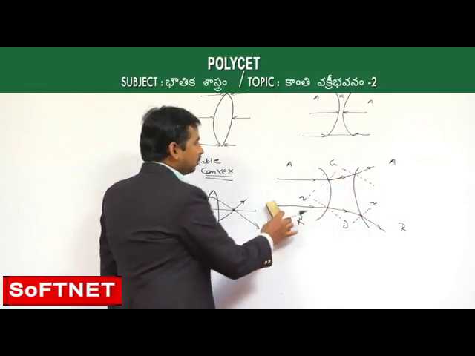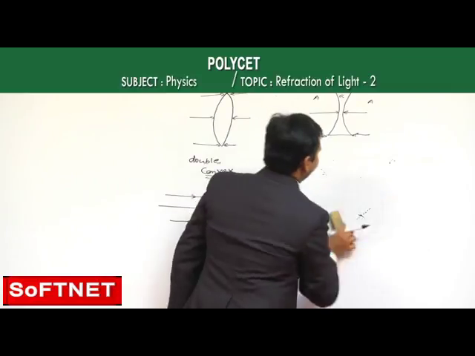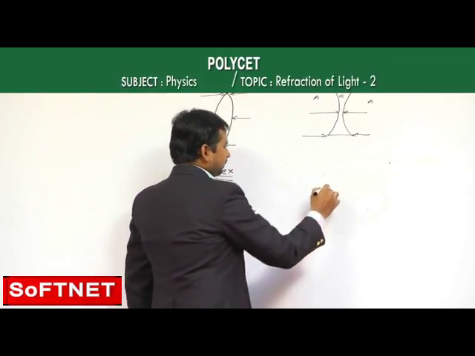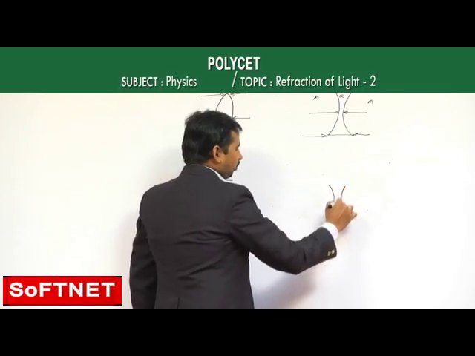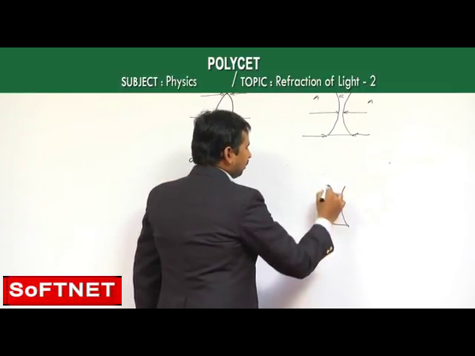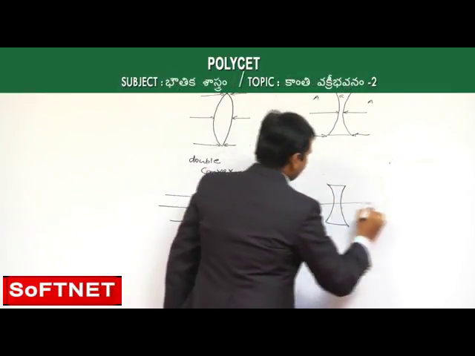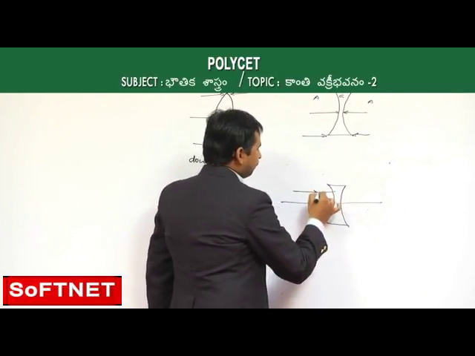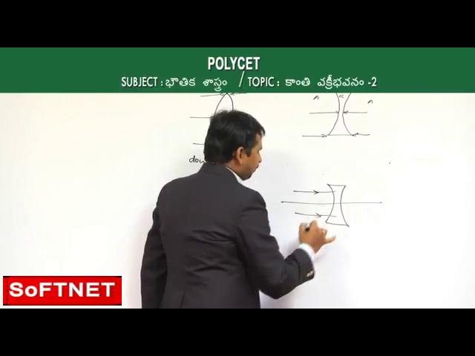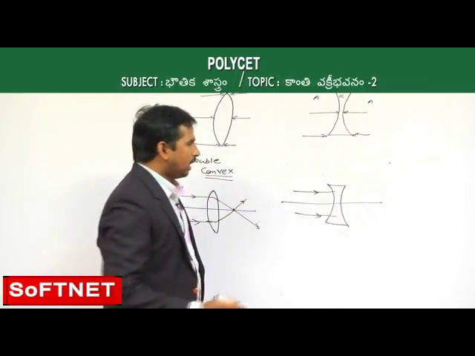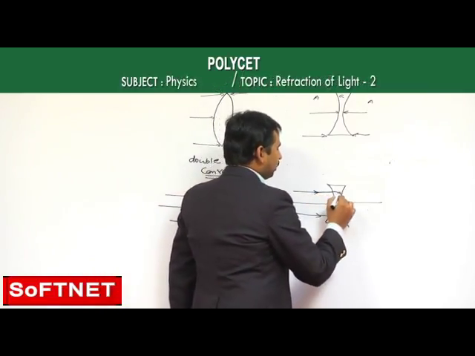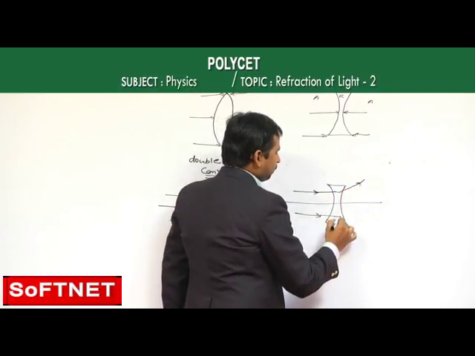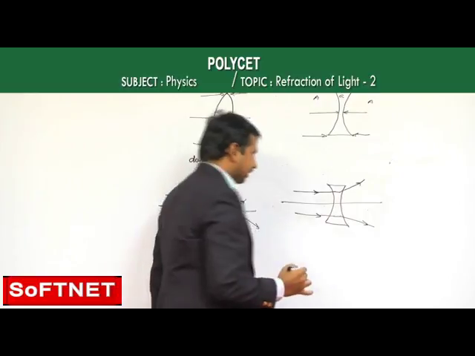So if you draw the diagram, then it appears to be like this. A double concave lens, and here now we are taking two parallel light rays, one coming from the top, one from the bottom. After refraction, the light ray is moving away there in the first case, and in the second case now going away here like this.